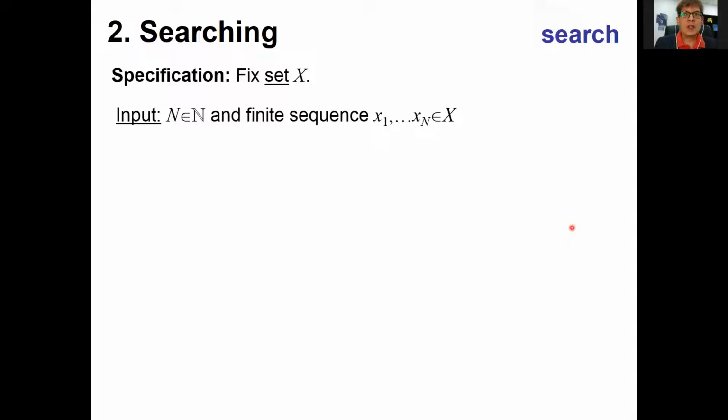So the general setting is we have a set and a finite sequence of elements from that set, among which we're supposed to search for, for example, some given element y. On the computer side, imagine this finite sequence as a mathematical object that is represented as an array.